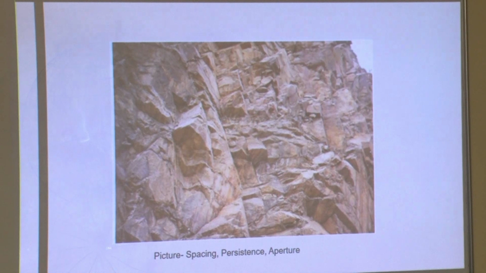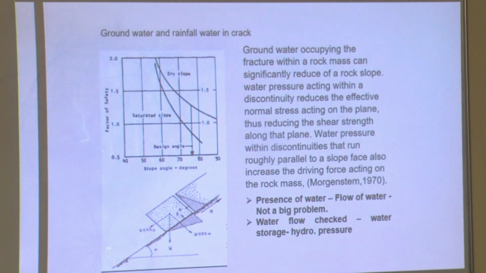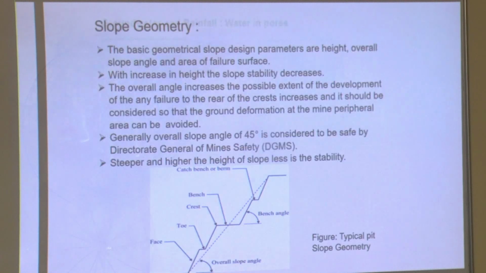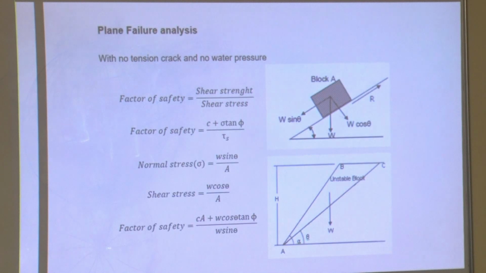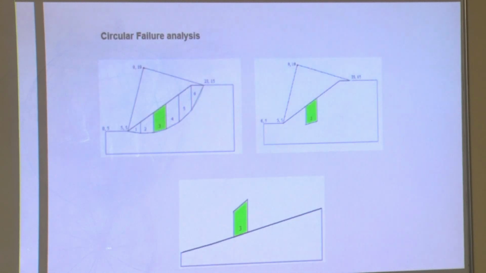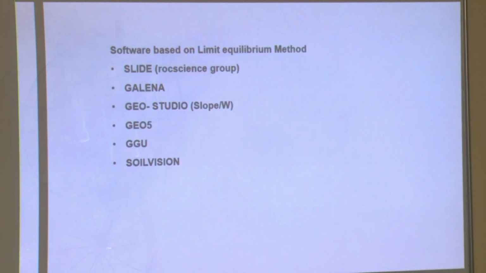These are things you have already more or less learned. Spacing, these are the kinds. Groundwater, how groundwater will. These are the equations. You can go through that. We have tried to. These are the software you can use. That is why we have used SLIDE, which one student told us about.